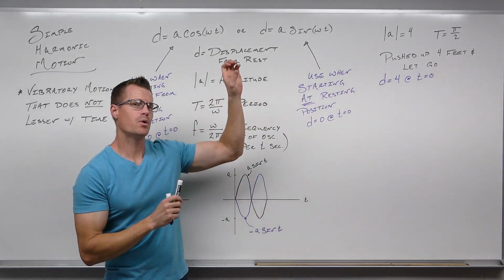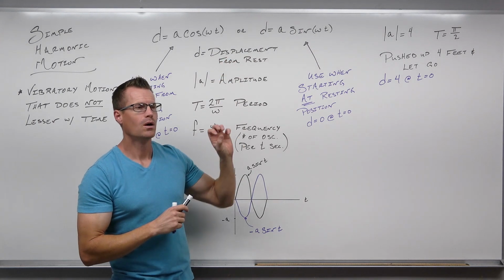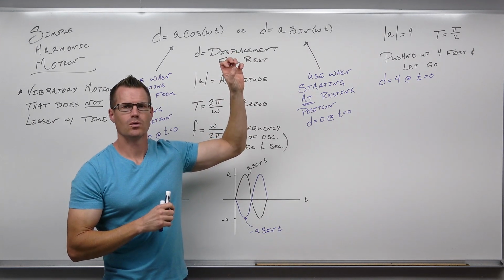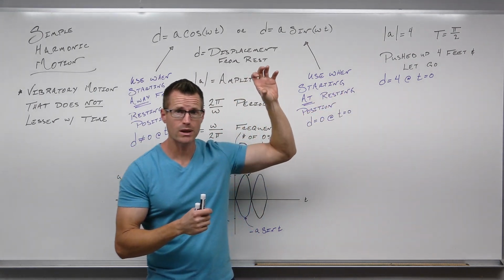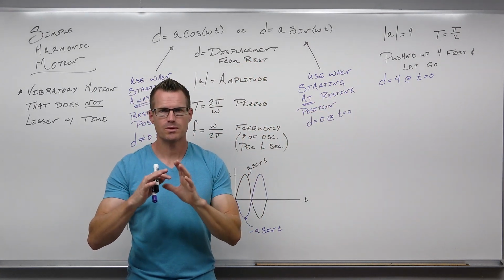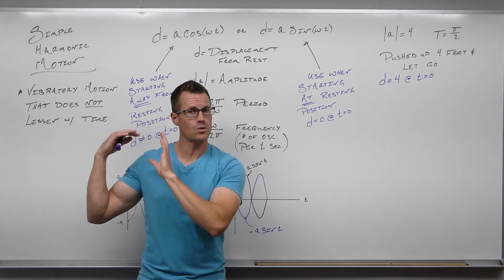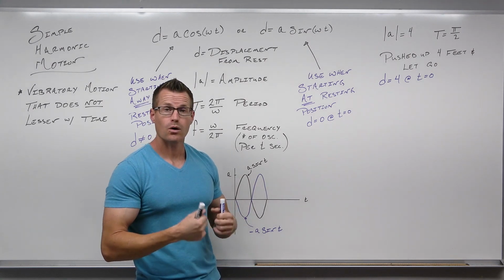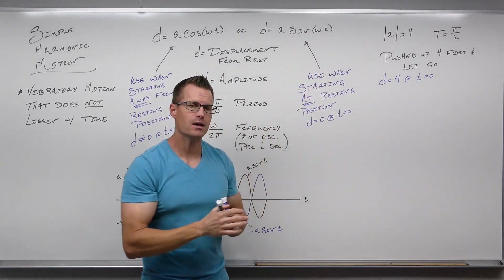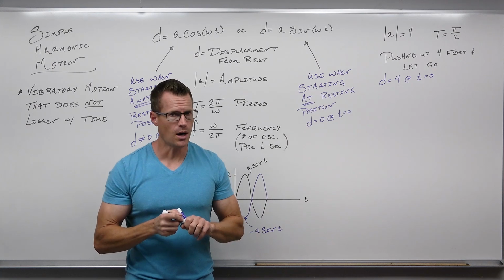Because you're pushing it up, holding it there, and then letting it go. When you immediately let it go, where is it at? It's at positive 4. This means that your displacement is away from its resting position. You are using cosine here. So if we push this up and let it go, our amplitude, the absolute value of A, is 4, but our A is also positive 4.